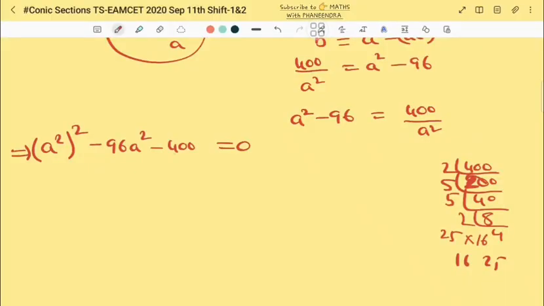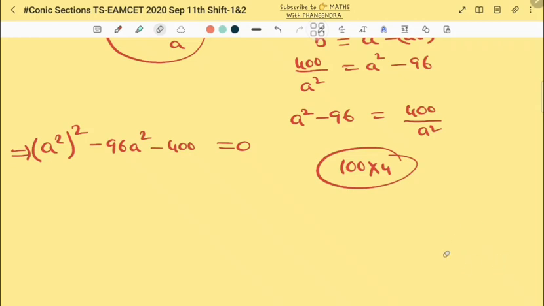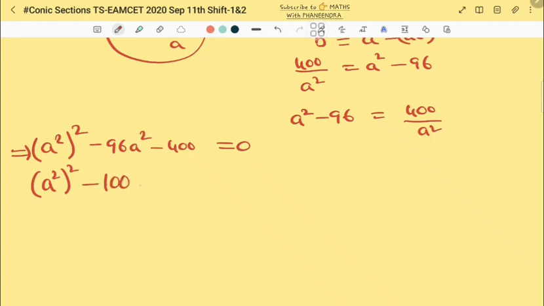Yeah, I got the idea, dear students. 400 means 100 into 4, so we can write it this way. We can write it as a to the power 4 minus 100a square plus 4a square minus 400.